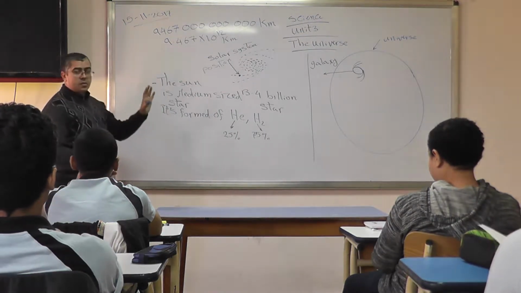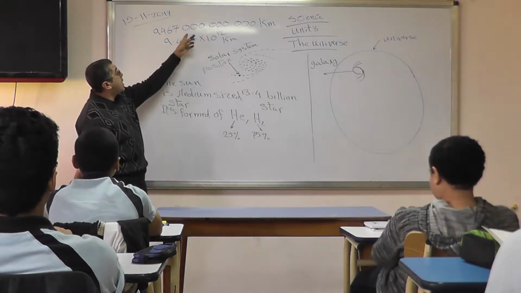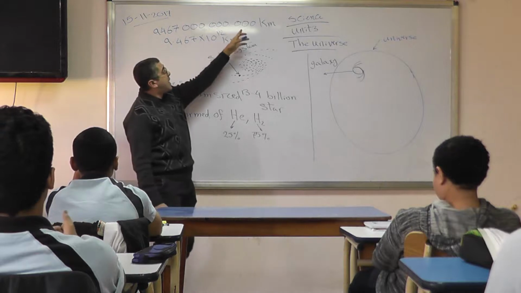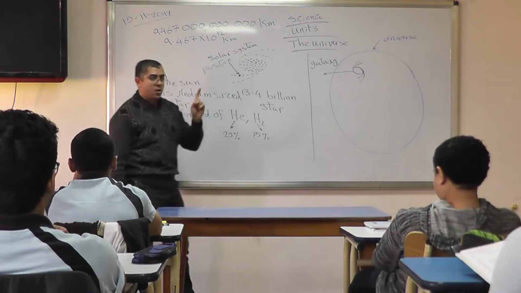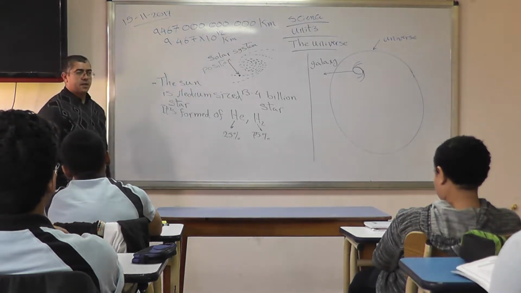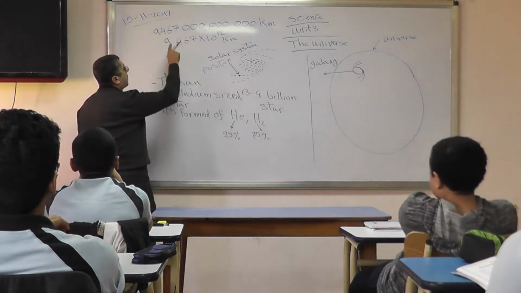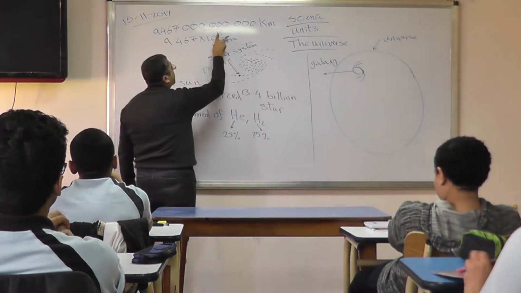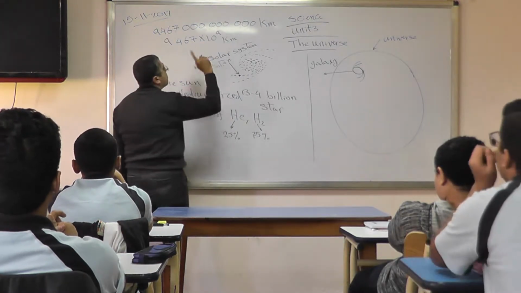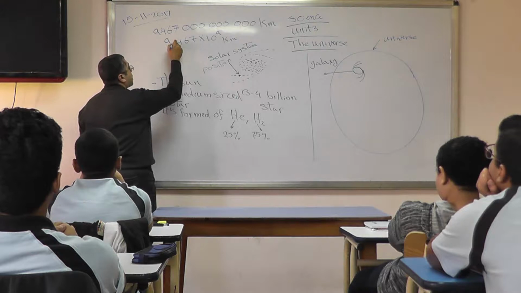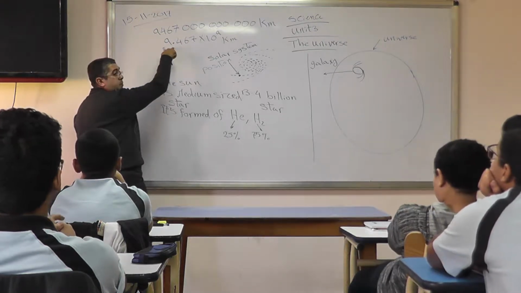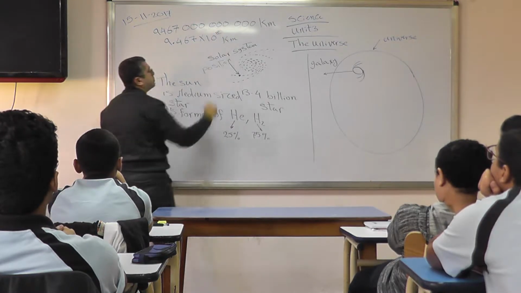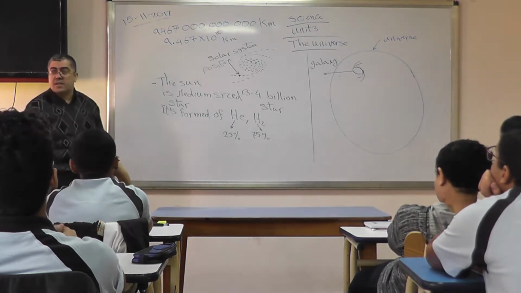Because we have 9 zeros here. These 9 zeros are counted here, 9, 4, 6, 7. So here we have 9, but if I put the decimal point here, we have 12. This is for math.